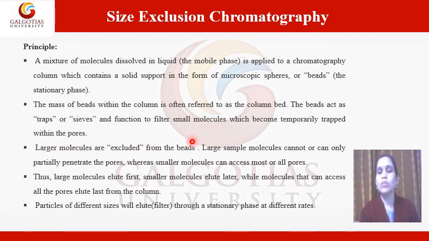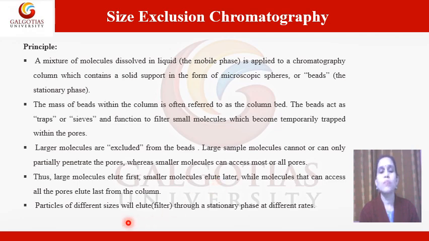Large molecules are excluded from the beads. Large sample molecules cannot penetrate through the pores, whereas smaller molecules can easily pass through the pores. So the larger molecule will elute first and the smaller molecule will elute later.